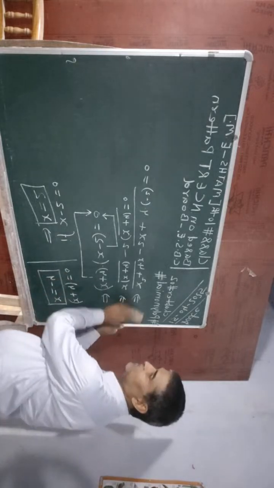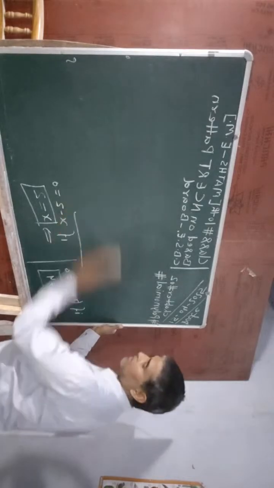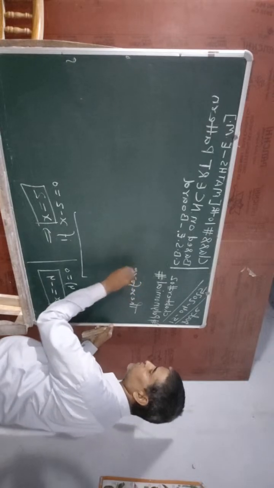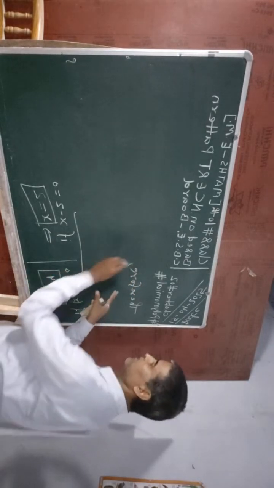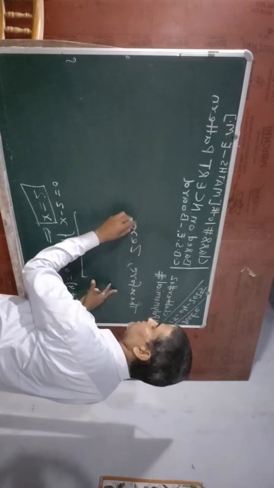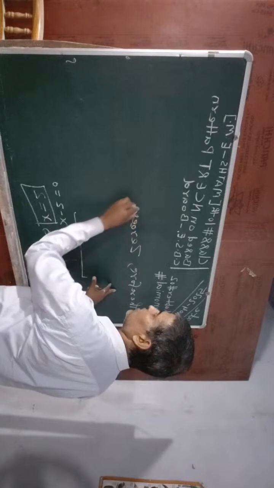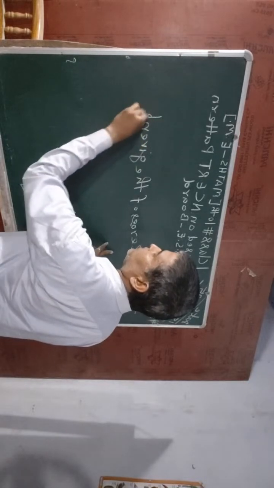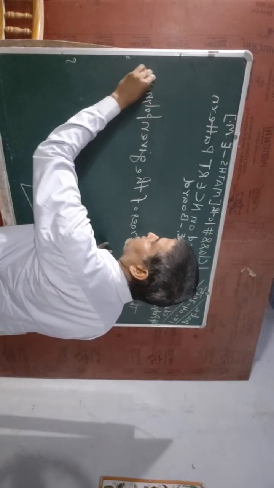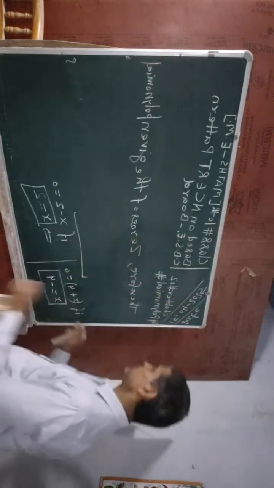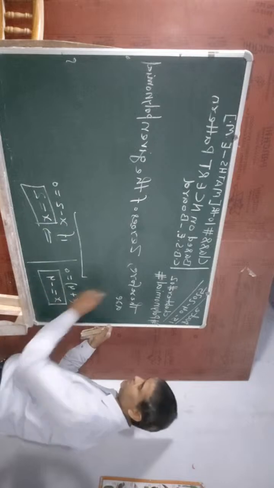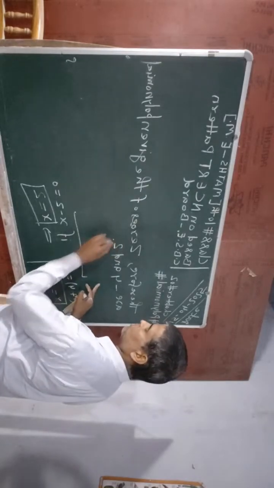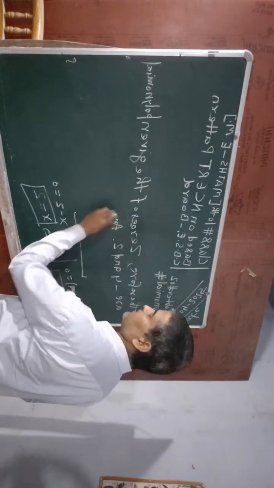After erasing this one, I will write: therefore the zeros of the given polynomial are one is the -4 value and the other is 2. Okay student, so this is one answer, so I have written here.